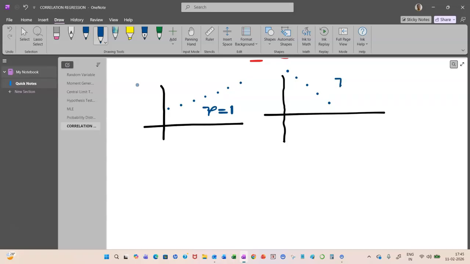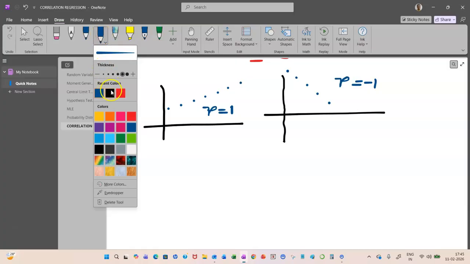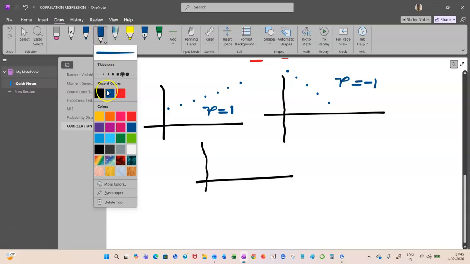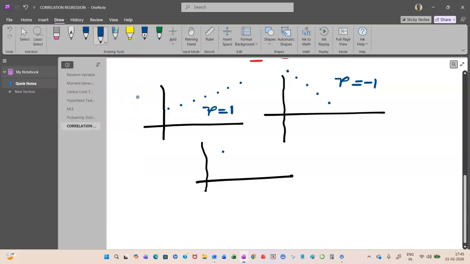For r equal to 0, there is no relationship between x and y. When one variable increases, the other variable doesn't increase or decrease.